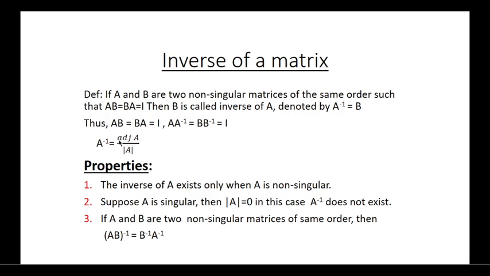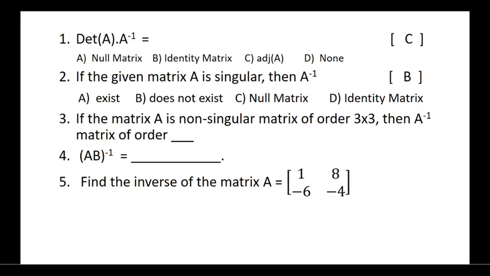So A inverse is adjoint of A divided by det A. By cross multiplication, determinant of A into A inverse is nothing but the adjoint matrix.